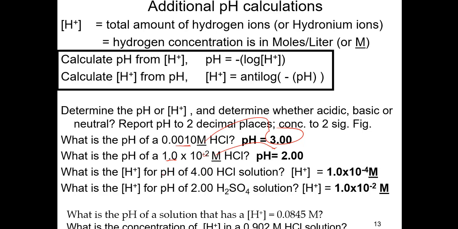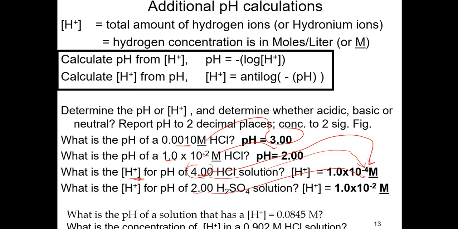And then for the other ones, I need to find the molarity from the pH. And notice if it's a whole number with nothing but trailing zeros, then I can do the reverse cheat method and just put 1.0 times 10 to the negative 4, and times 10 to the negative 2.